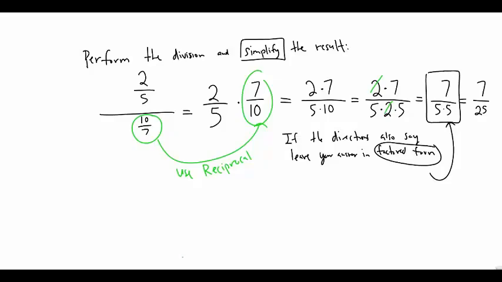This is your final answer. It's simplified, but in factored form. Or even better, we would want to write it as, here's an even better way to do it, 7 over 5 squared. Let's use that. Seven over 5 squared.